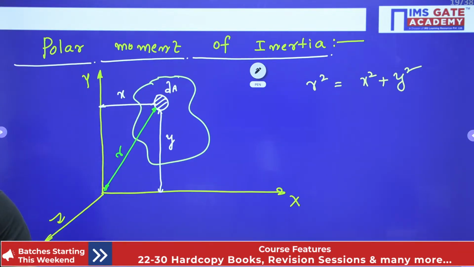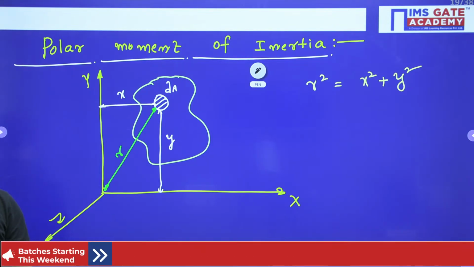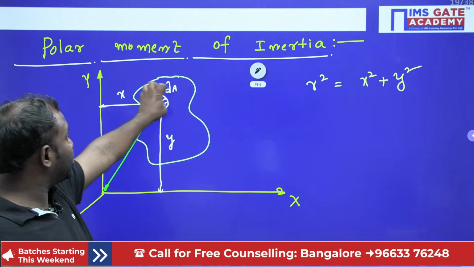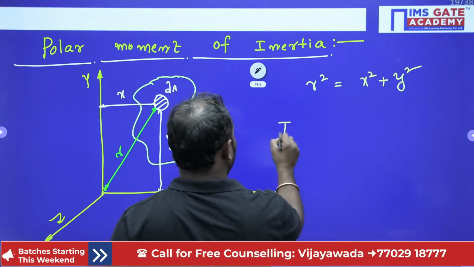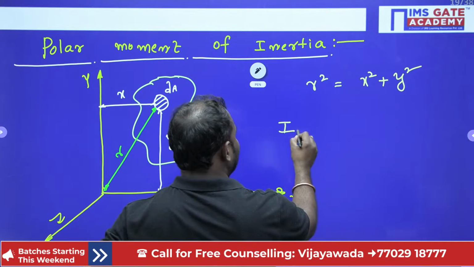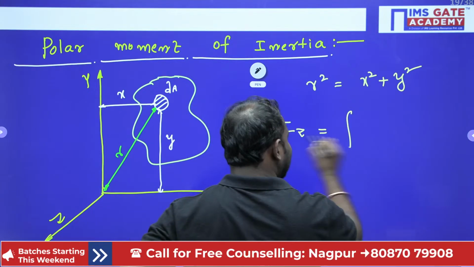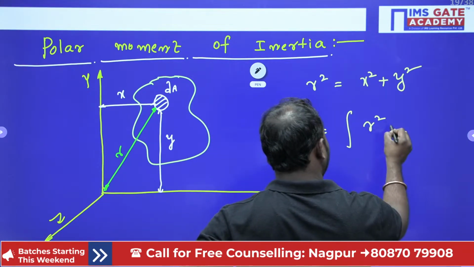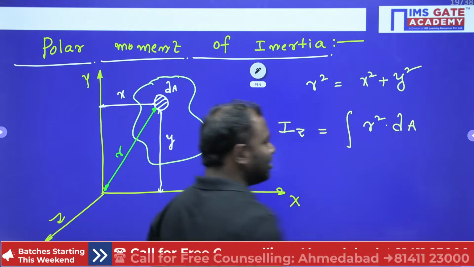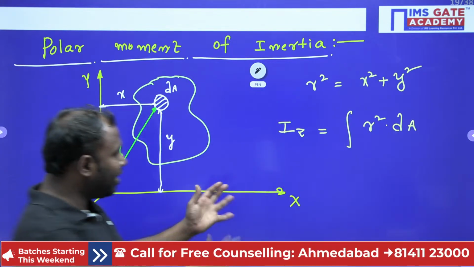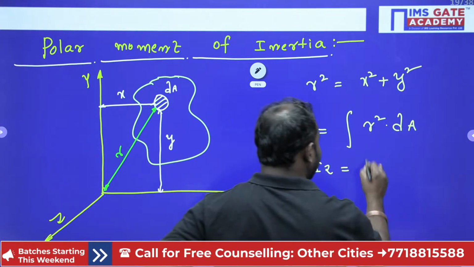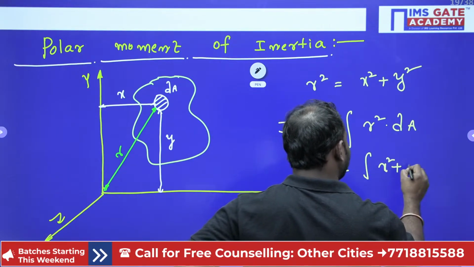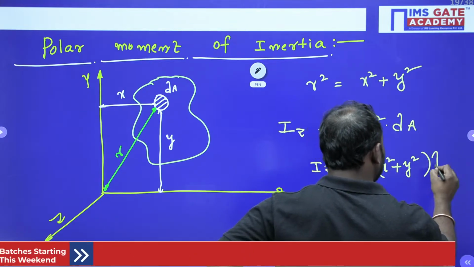Now if I want to calculate the moment of inertia of this area about the z axis, it is integration of r square into dA. Yes guys, isn't it, right? So from here I can write Iz is equal to integration of x square plus y square into dA.